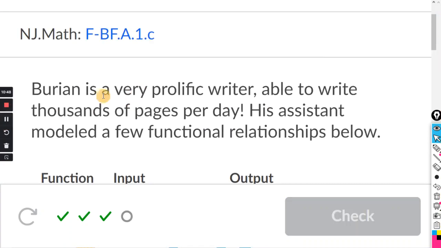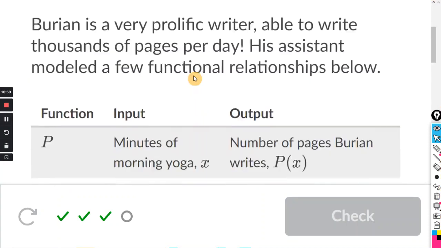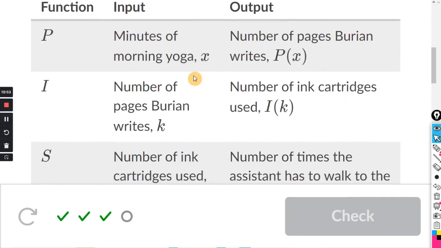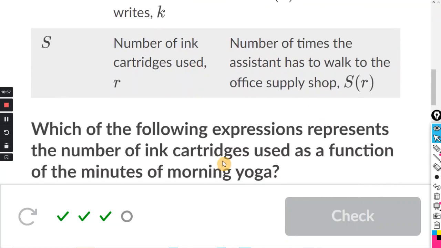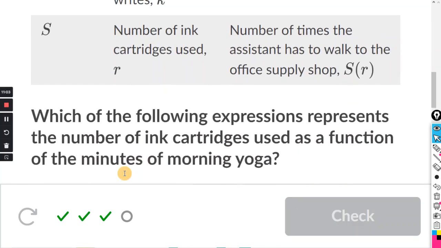Last one. I'm going to ignore this right up at the beginning. We have the input and output columns as always. Which of the following expressions represents the number of ink cartridges used as a function of the minutes of morning yoga? So when we write this, it's going to be a variable on the outside and a variable on the inside.